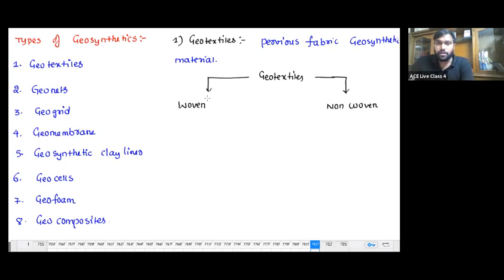Generally, rain jackets are made of leather or polyester, whereas the shirts we wear are generally made of either cotton or linen, with threads weaved in both directions. So the woven geotextile is nothing but a cotton shirt. The non-woven geotextile is nothing but a jacket. Okay. How do they look?